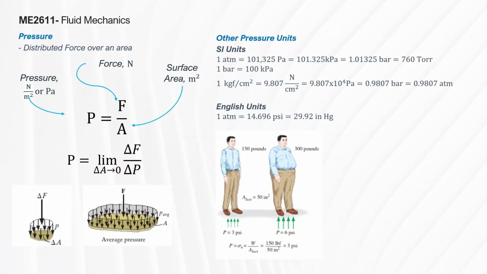If you remember from our last lecture, we discussed properties of fluids, essentially describing characteristics of the fluid in its system, and pressure is one of those properties. Its definition is a distributed force over an area.